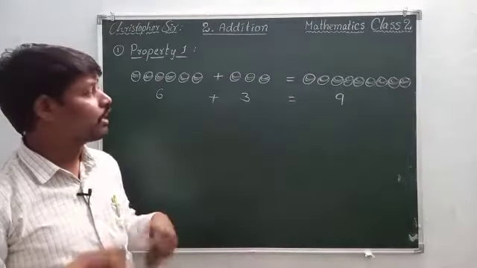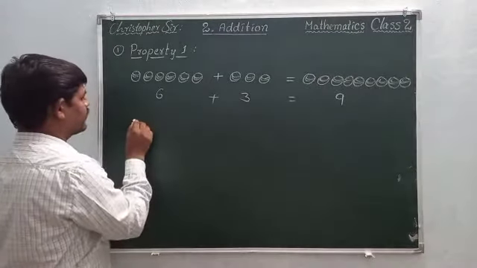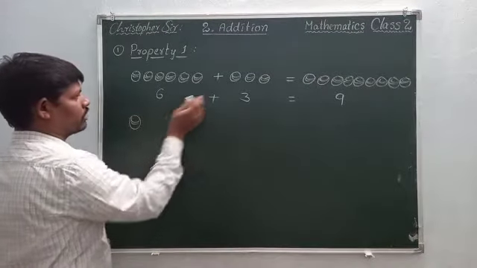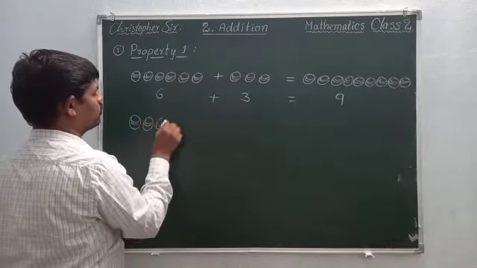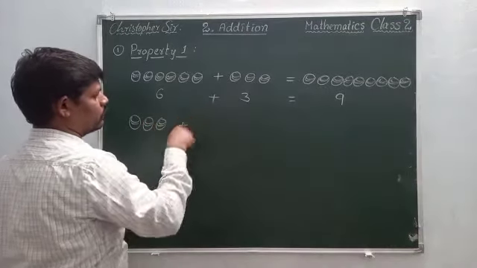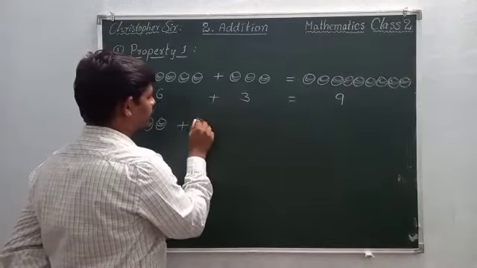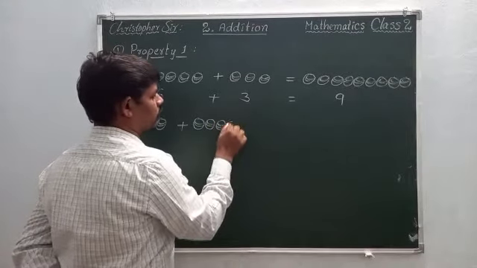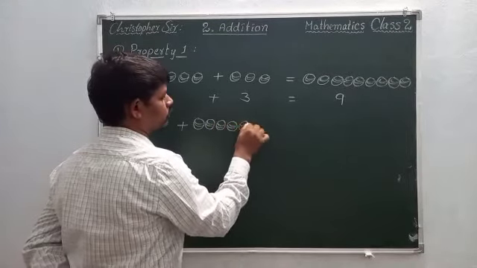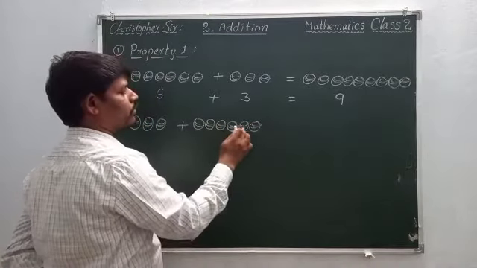Okay. Now we will do another method. First we will take 3 balls this side. 1, 2, 3. Plus, now you can take here 6 balls. 1, 2, 3, 4, 5, 6.